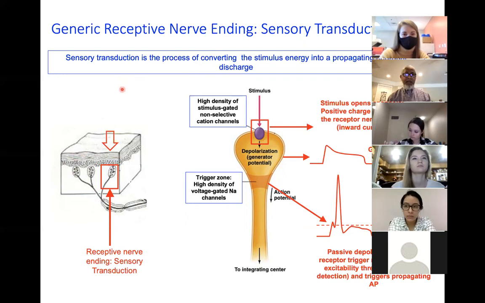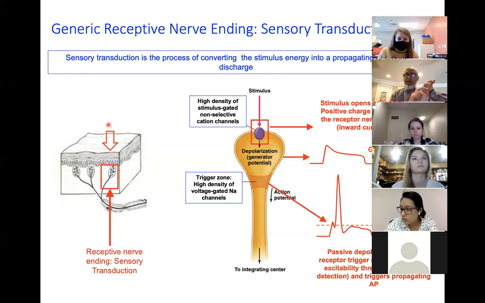Now, for example, you apply a mechanical stimulus. You touch somebody's skin. If somebody touches my skin here, depending on the intensity of the stimulus, the mechanical receptors located in this particular area of my skin will be stimulated.